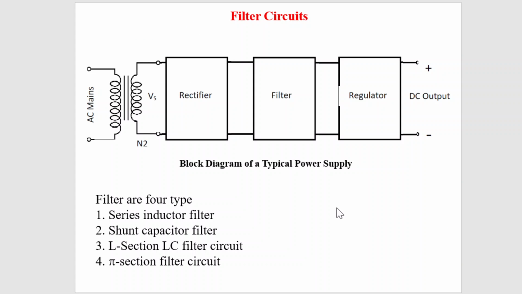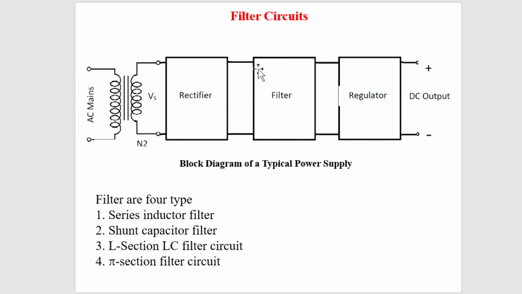Here I will again give the concept of power supply. Basically, a power supply is an electronic circuit which converts an AC signal into a DC signal. During the conversion of an AC signal into a DC signal, we require several electronic circuits, and one is the rectifier, which we have discussed in my previous lecture.